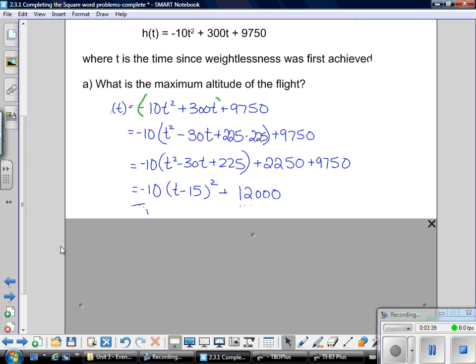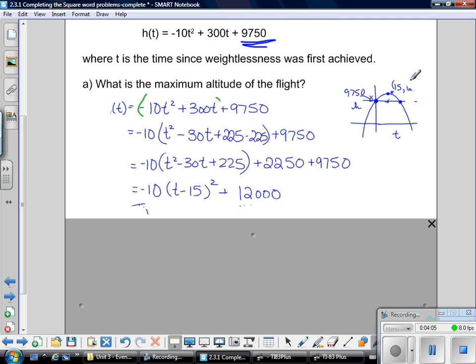Okay, so what does that mean then? If we look at this as if I graphed it, I'm just going to reveal this and talk about it for a second. What we found with this question is, number one, at time 0, we're starting at 9,750, and we know that that's the y-intercept from up here.